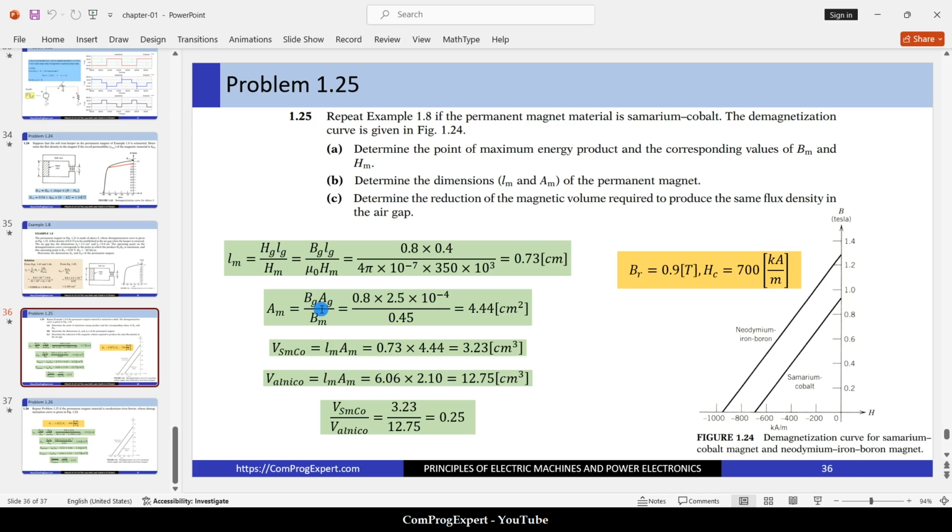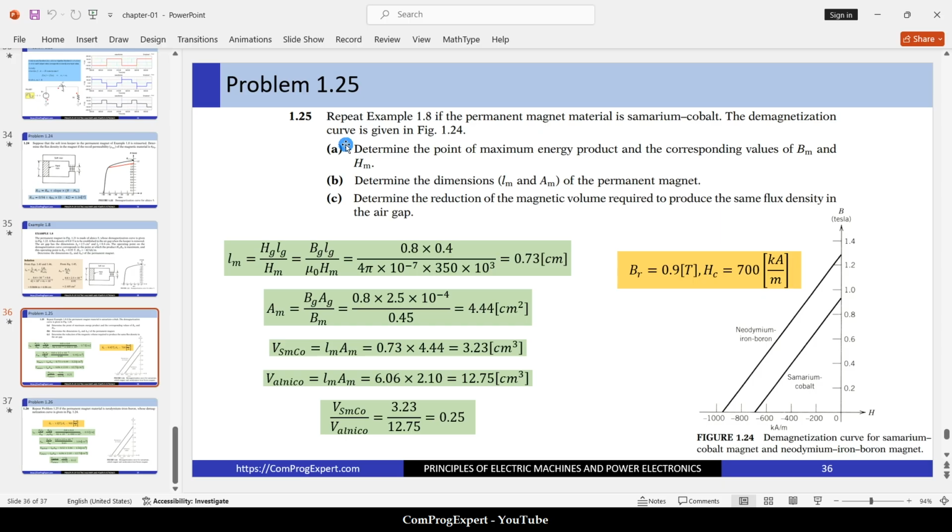So, problem 25: repeat example 1.8 if the permanent magnet material is samarium cobalt. The demagnetization curve is given in figure 1.24.